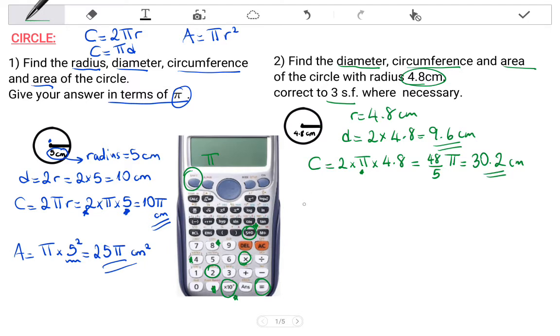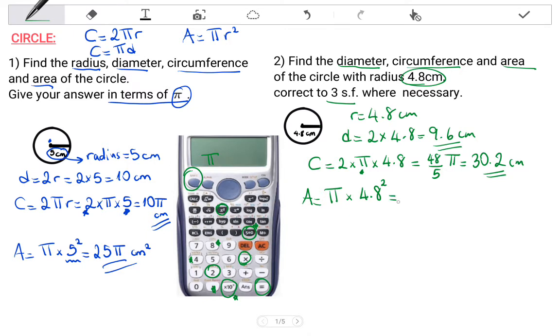Let's calculate area. So area is pi times r squared. So pi times, instead of r, our value is 4.8, and I need to take the square of it. On your calculator, whenever you write 4.8, you have to press the x squared button to have the square sign on top of 4.8.